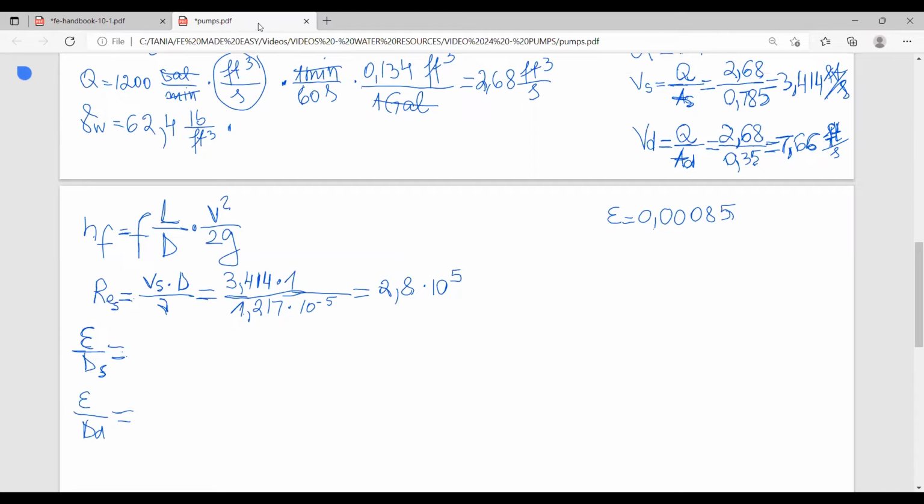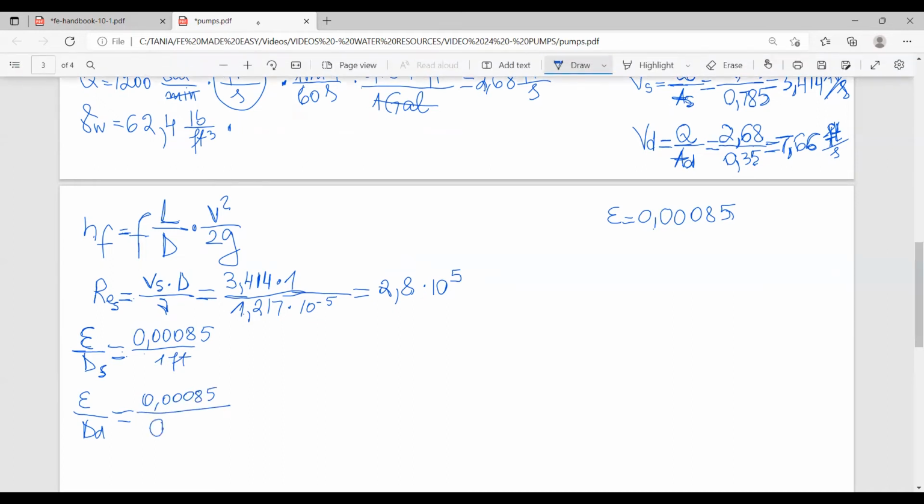So here we're going to have 0.00085 over 1 foot, and here we're going to have 0.00085 over 0.667 feet.